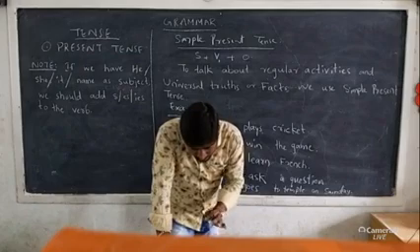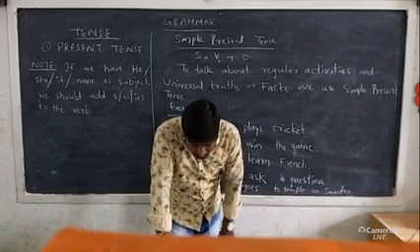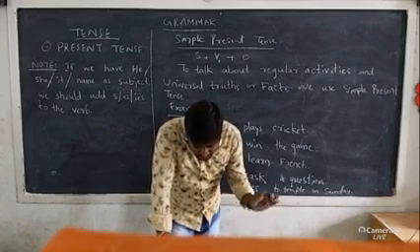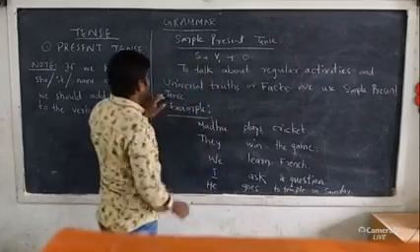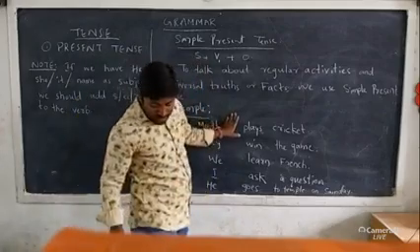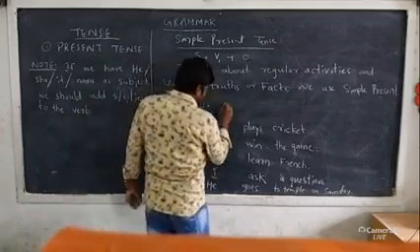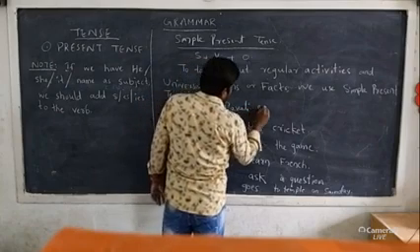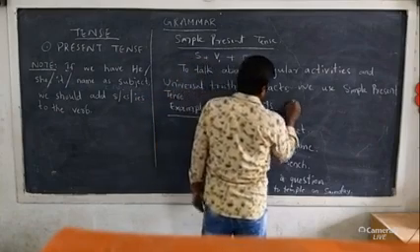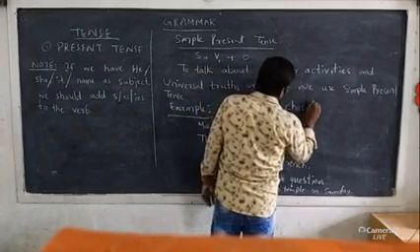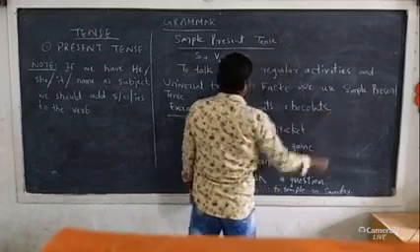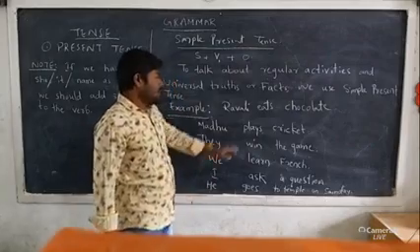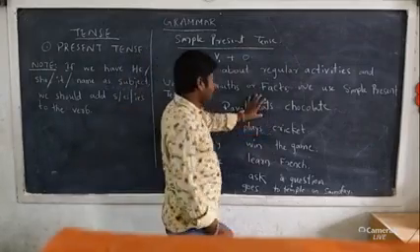Subject, V1, object is simple present tense. Yes, right. And Ravali eats chocolate. That is also a right sentence. Ashwini mentioned this sentence in the comment box.